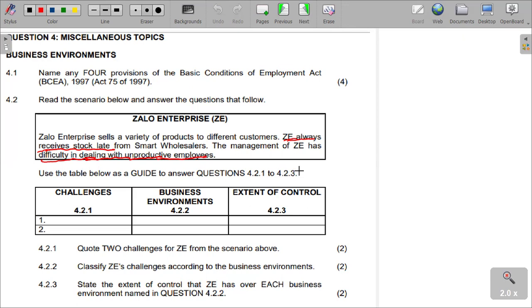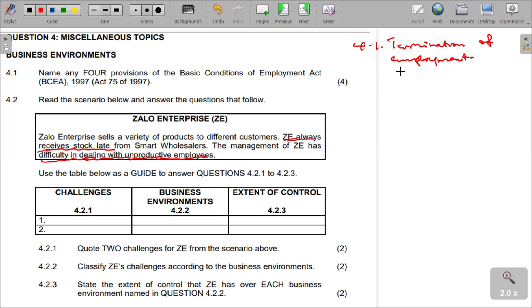Question number 4.1. We have, one, it identifies the conditions of termination of employment. Termination of employment is provisioned there.